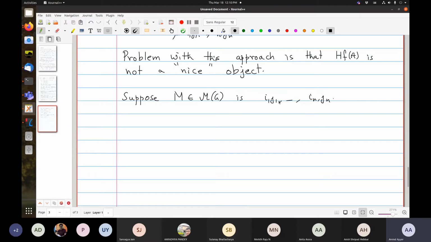So G is of size 2n and has edges. What we want to do now is compute the sign of this guy. So let me define the sign of it.